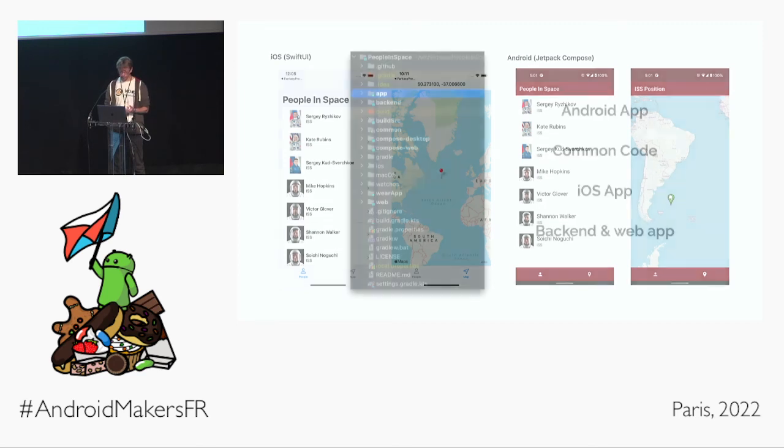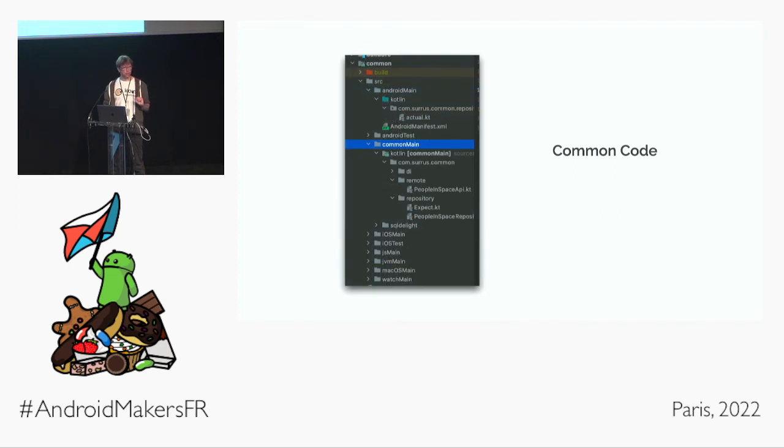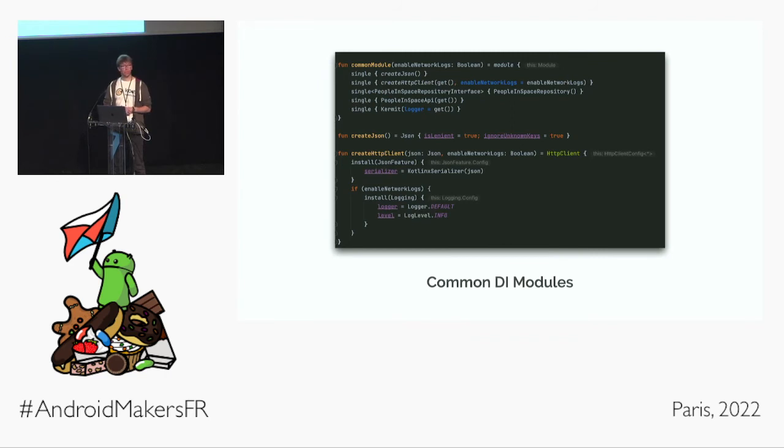But behind that, if you check out the project and compile everything, you see all kinds of applications: the Android one, the iOS one, the web, desktop, and backend. On the common side, it gathers everything, and you can just write a module with your pure Kotlin code.